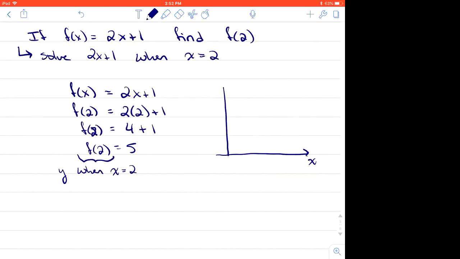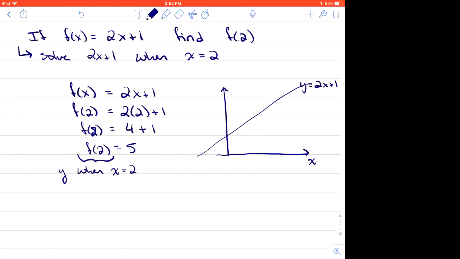I'll show you with a graph, but if you don't like the graph, you can just sleep for a minute. So if we have this line, let's pretend that this is y equals 2x plus 1. That's our function.